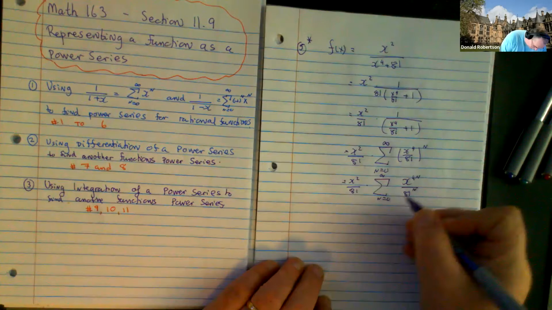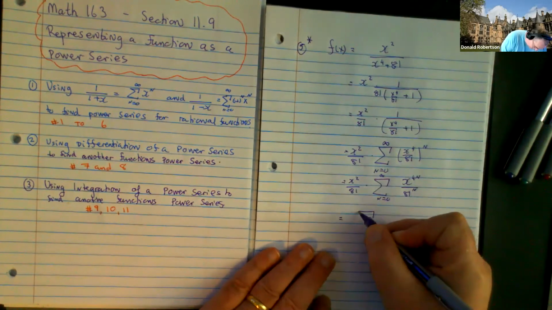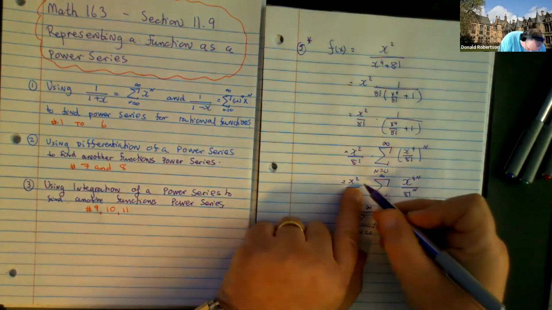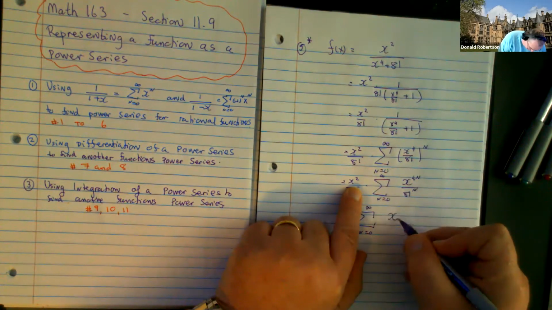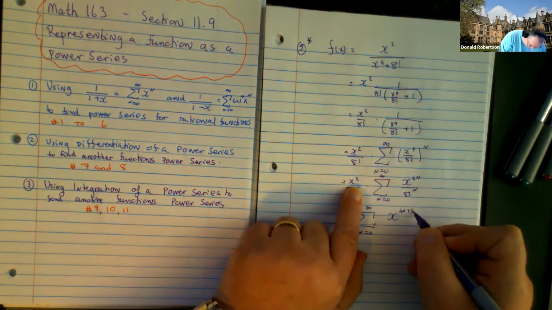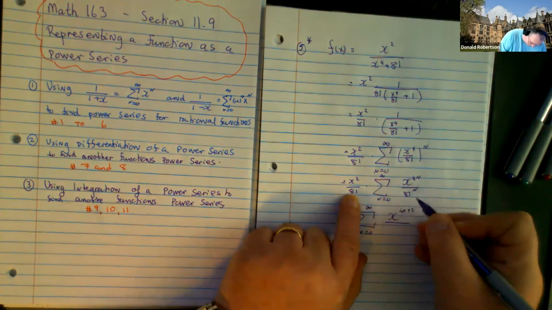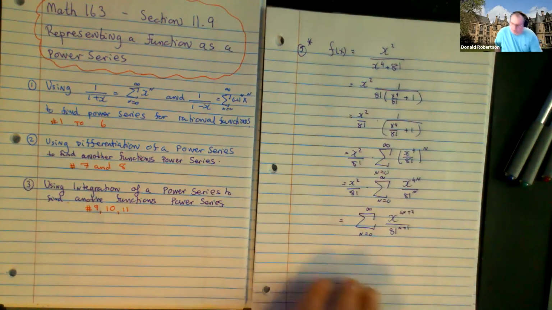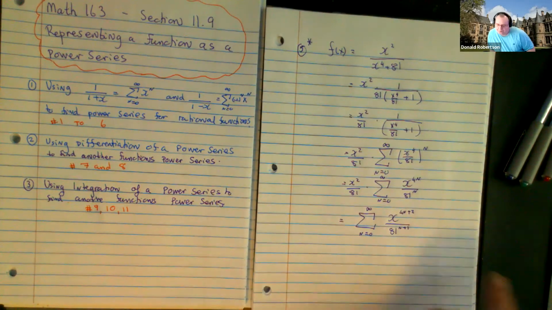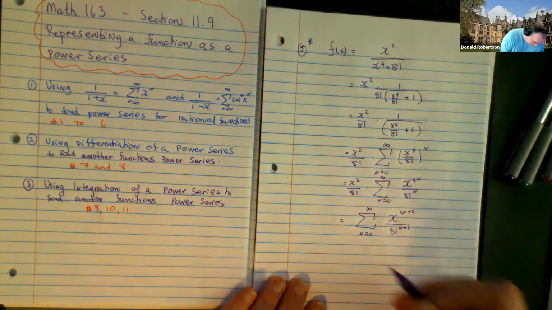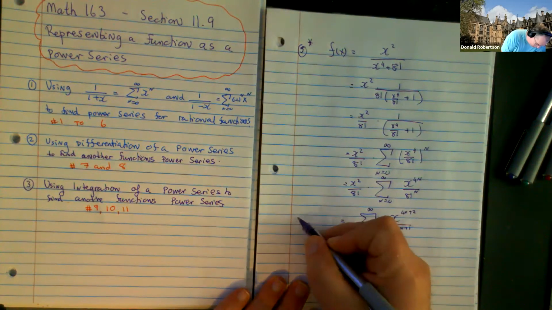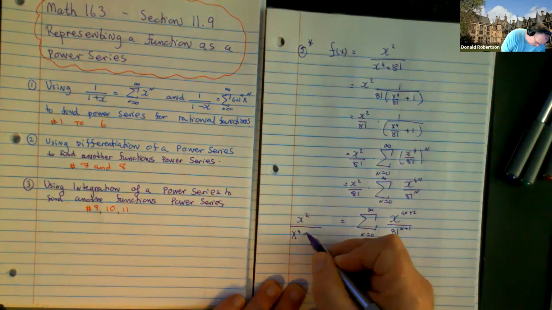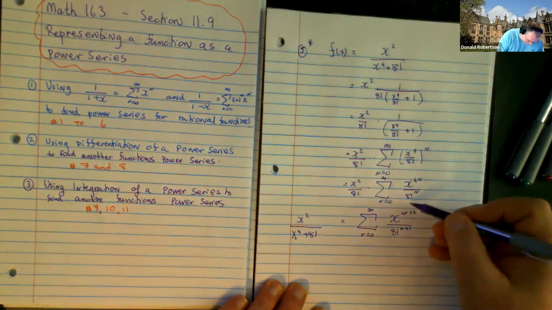Then I'm bringing these two inside. x squared times this just adds an extra 2 to the power of x, and 81 added to this gets you an extra plus 1. And we now have our power series.